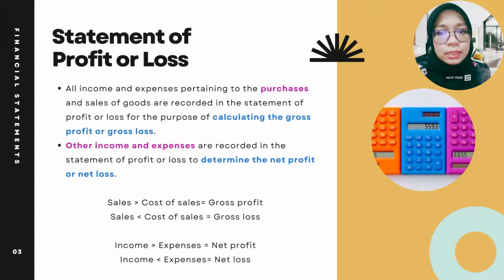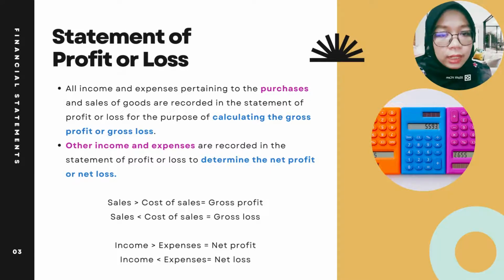Okay, in the statement of profit or loss, all income and expenses related to the purchase and sales of goods are recorded for the purpose of calculating the gross profit or gross loss. Meaning, from the sales, we should minus the cost of goods sold, and then we come up with the figure of gross profit or gross loss.